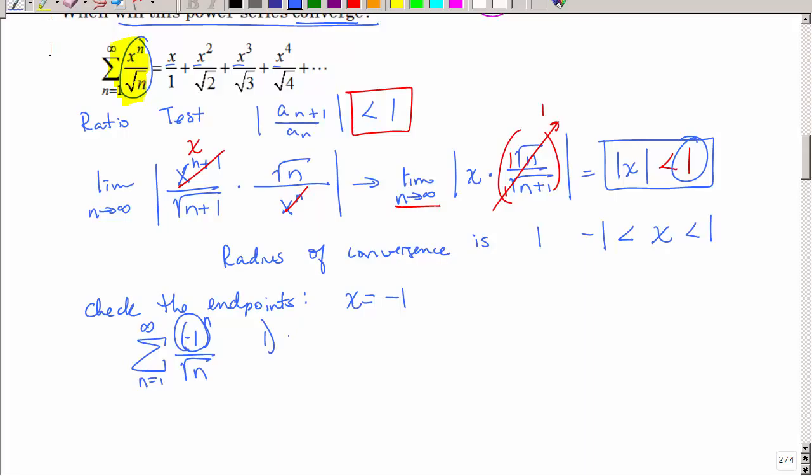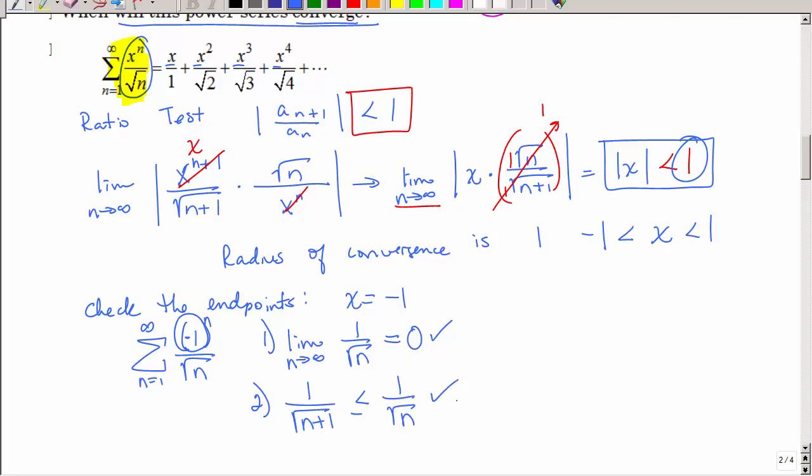So the first thing is to see if the limit of the nth term equals 0. Yes, it does. And the second part of the alternating series test is to show that it decreases. So is the n plus 1 term less than or equal to the nth term?